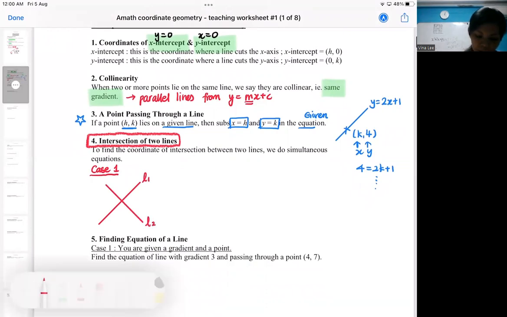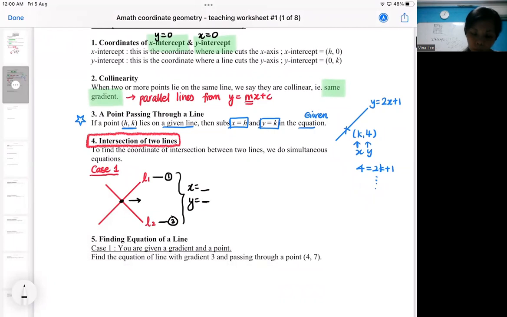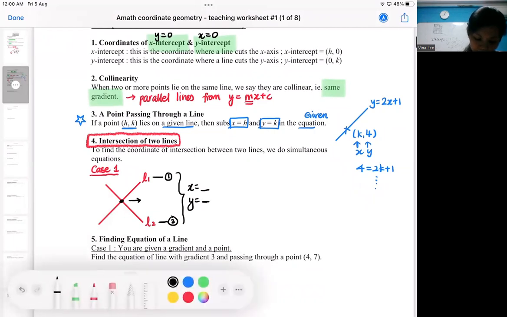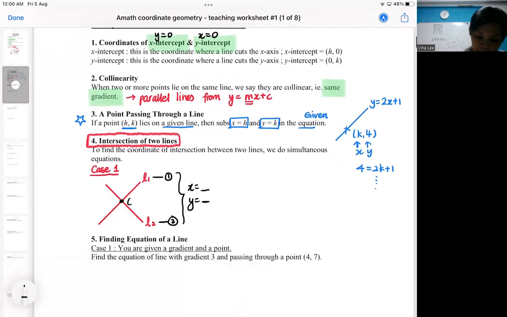When do you do simultaneous equations? When you would like to find the intersection. You will solve and you get your x and y. This x and y will be the intersection. I'm going to find the x and y by doing a simultaneous equation. This one is going to be so common.